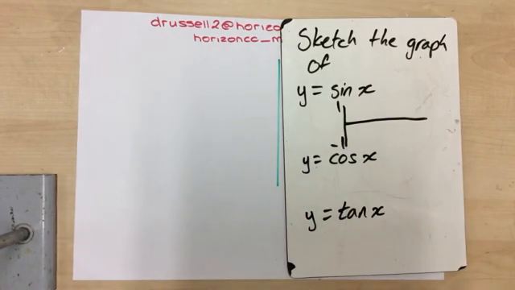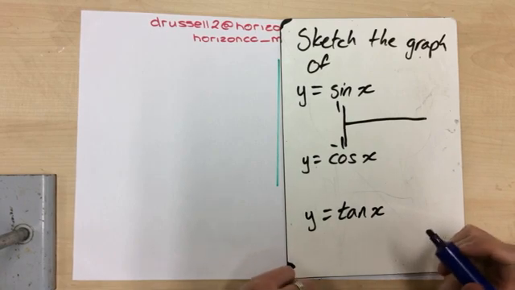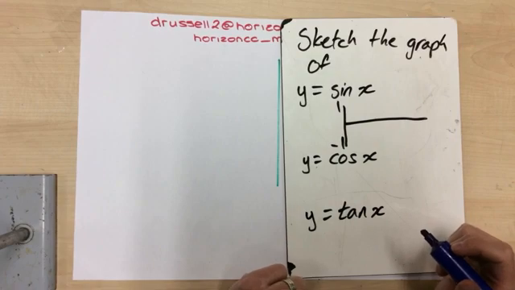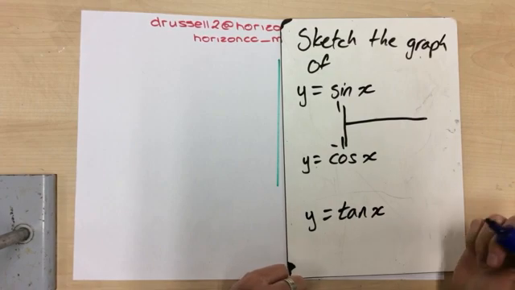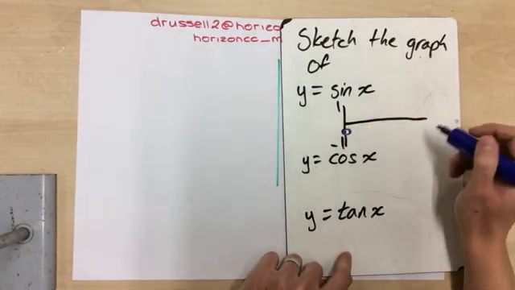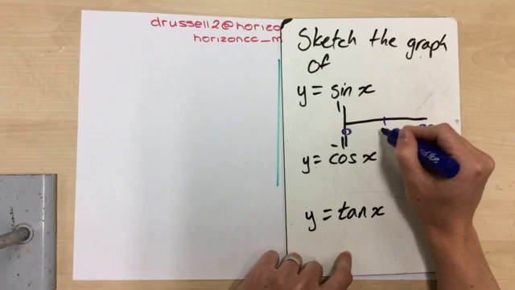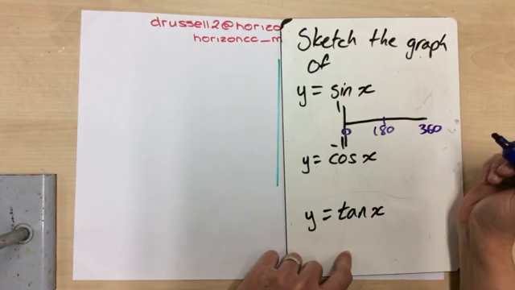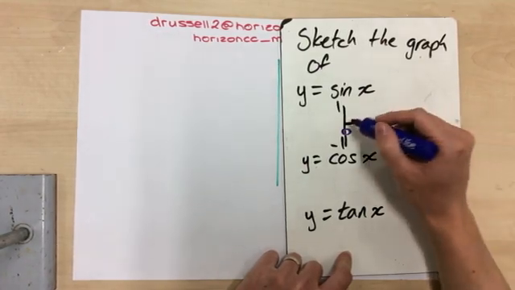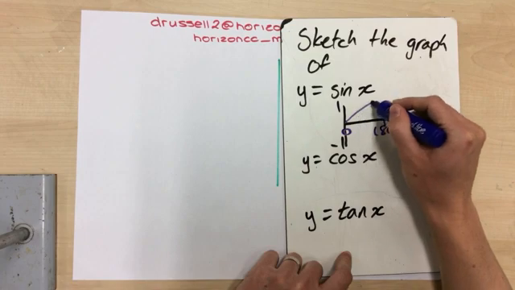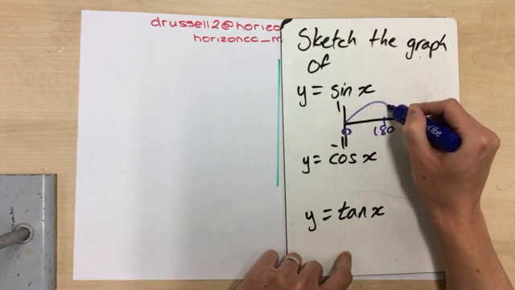The sine graph is the one that starts from the middle, and it's going to do one whole wavelength from 0 to 360 degrees. So we'll have 180 degrees in the middle. For the sine graph, we start at 0, we go up till we get to 180. We go down.